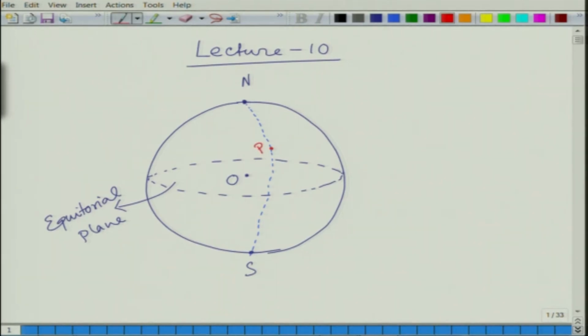Another important element is where the sun ray reaches the center, or the vector joining the sun and the center of the earth. So, this is the direction of the sun ray.